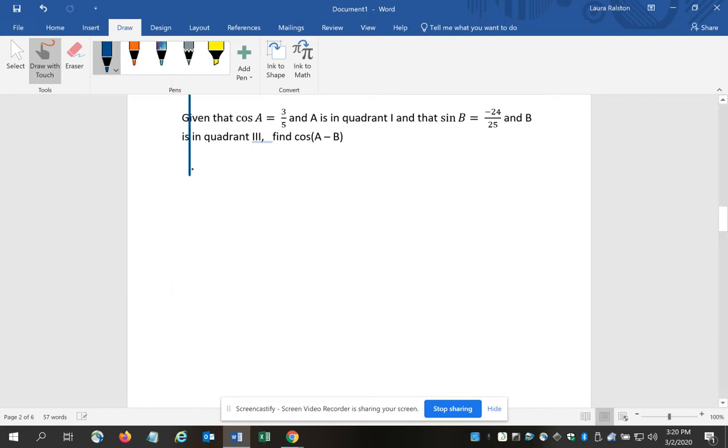So I have the cosine of A minus B. And remember, the formula is going to be on your formula sheet. So the cosine of A minus B equals cosine A times cosine B plus sine A sine B.